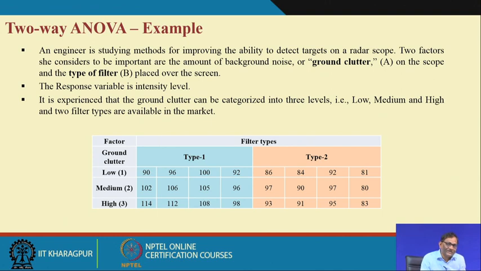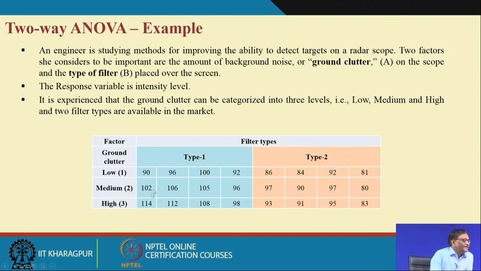The same data is taken. First we ignored the filter types and operators in the one-way ANOVA case, and we found there is no effect. Now, for the two-way analysis, the operator effect is ignored, and we are assuming we get this type of data even if we do not consider the operator effect.